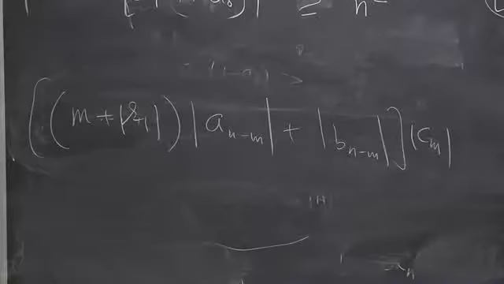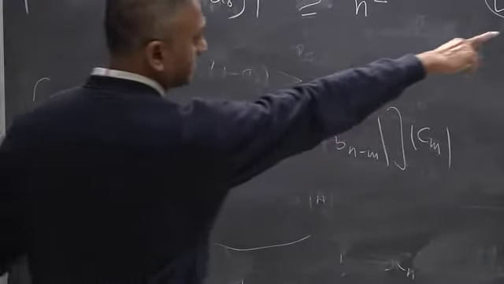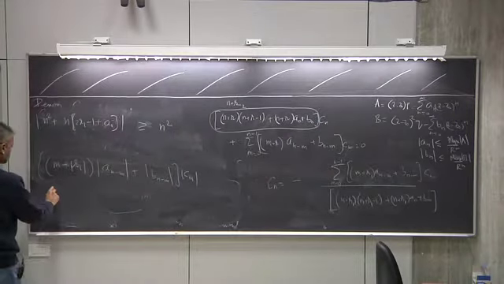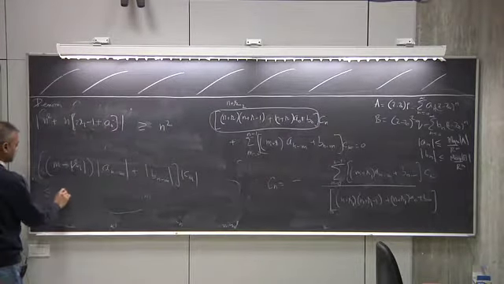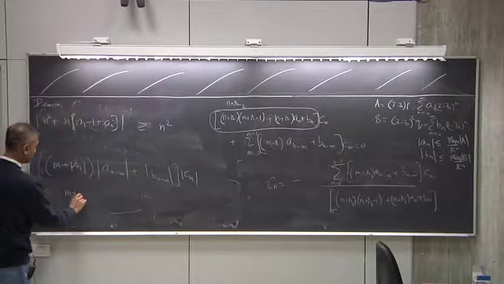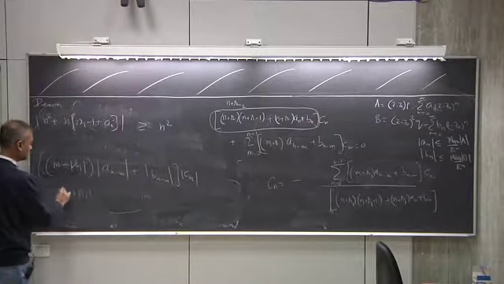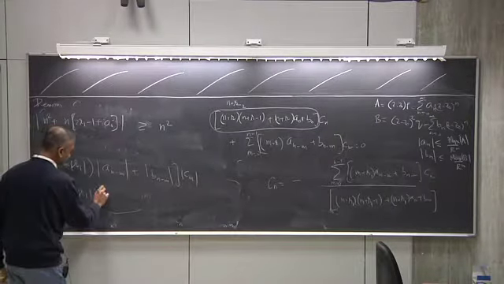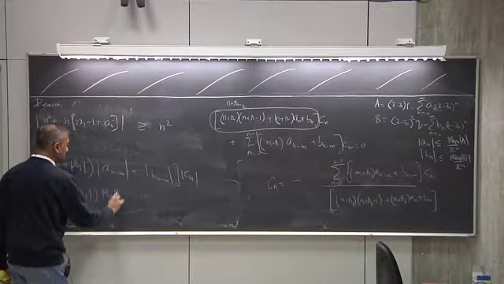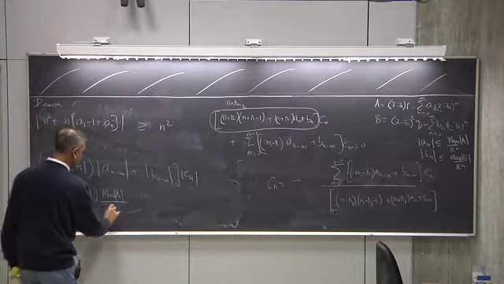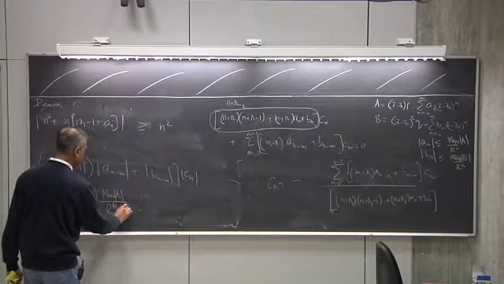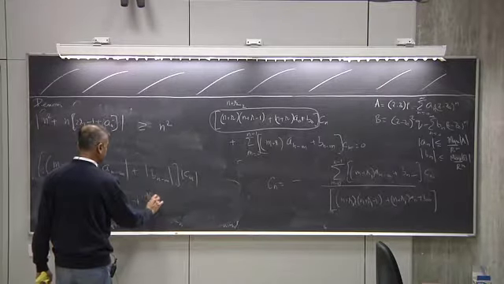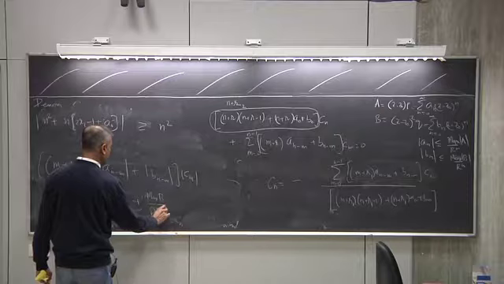I mean, this will be a summation over m. But now I use these estimates, these upper bounds for a. So you find that this is less than or equal to modulus of m plus r1 times the max a, let me keep it that way, sort of avoiding introducing too many symbols, over R to the n minus m, plus max b over r to the n minus m.